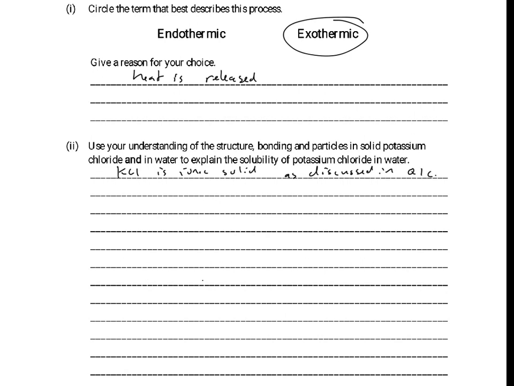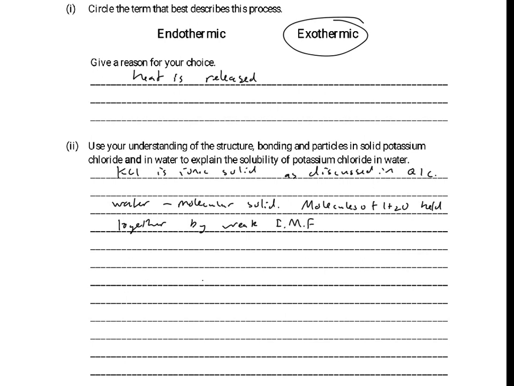So it's made up of ions, which are in a big three-dimensional lattice held together by the strong electrostatic attraction between positive and negative ions. Water, on the other hand, is a molecular solid, which is made up of molecules of water, and they're held together by weak intermolecular forces.